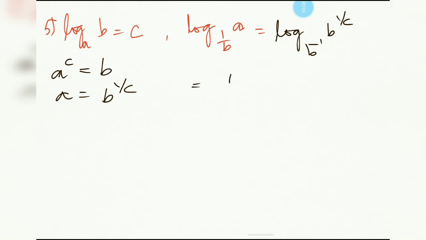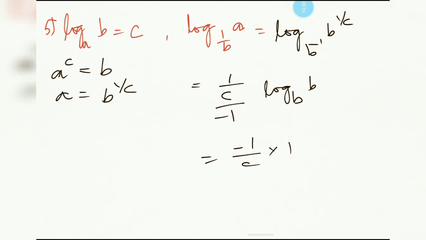So 1 by c divided by minus 1 times log b to the base b. Now log b base b, where the number and base are the same, is nothing but 1. Minus 1 by c multiplied by 1 is minus 1 by c. So the answer for this question is option D.